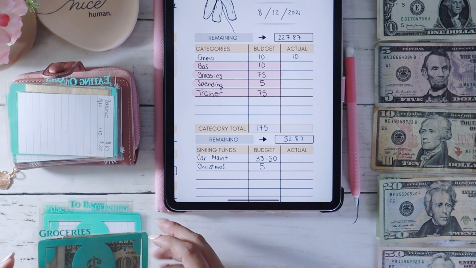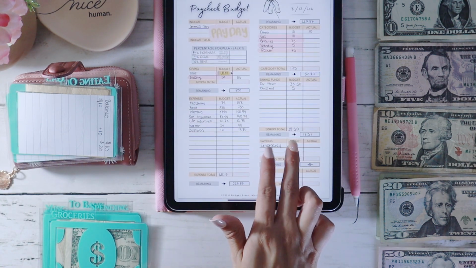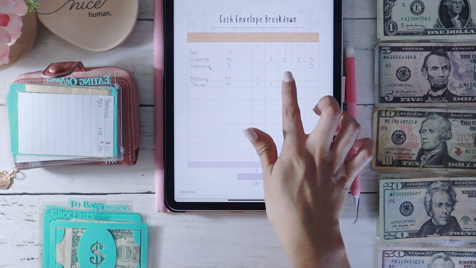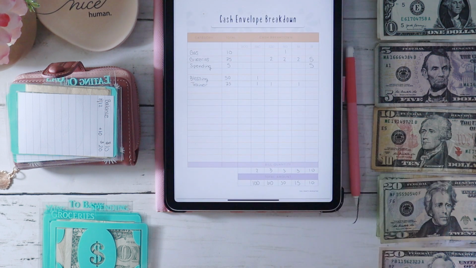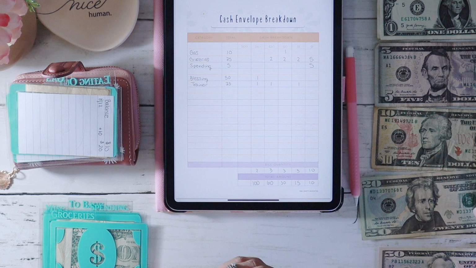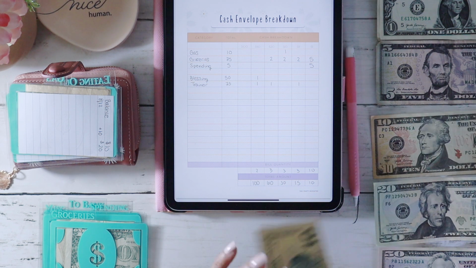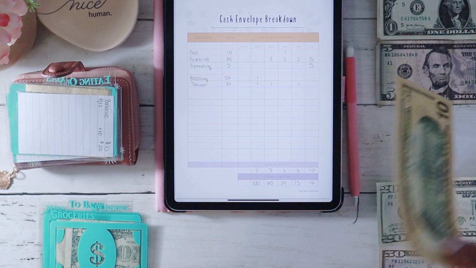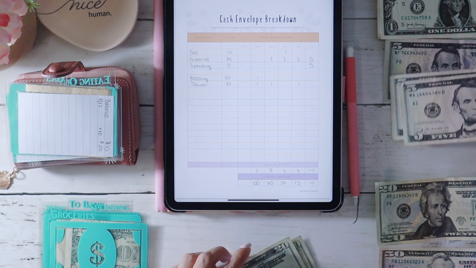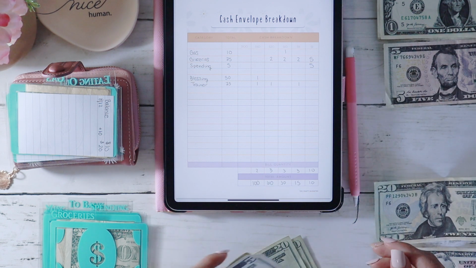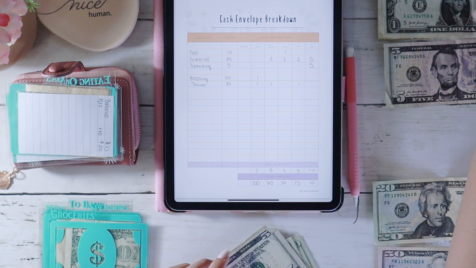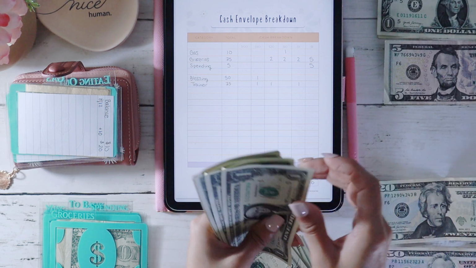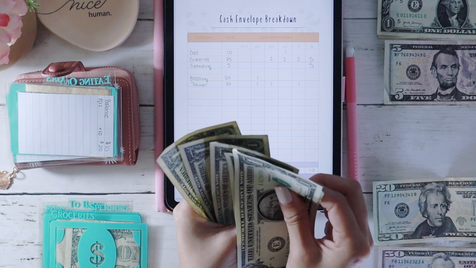All right, groceries is getting 75, and I think I broke this down into, let's see, 2 20s, 2 10s, 2 5s, and 5 1s. 1, 2, 3, 4, 5.